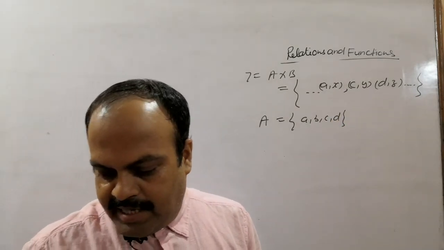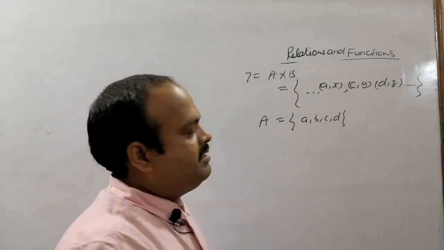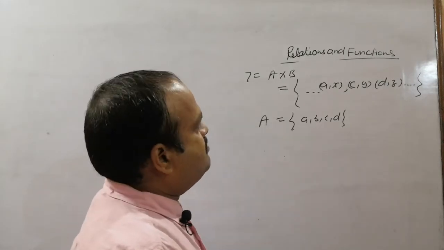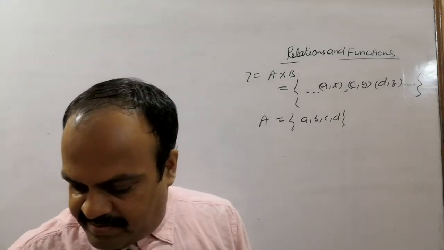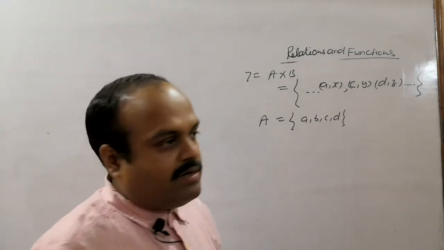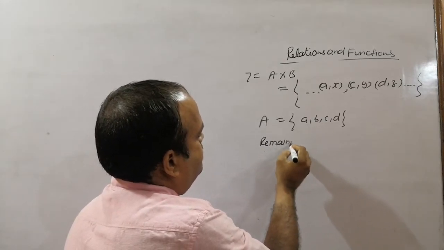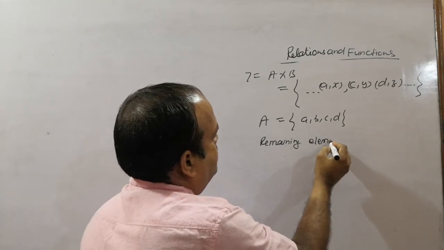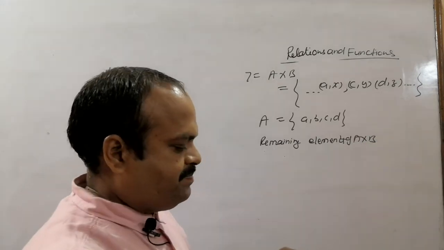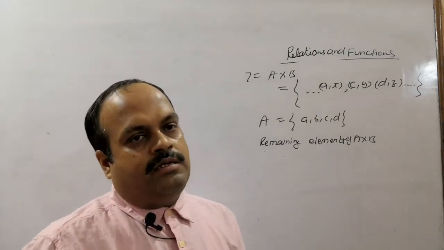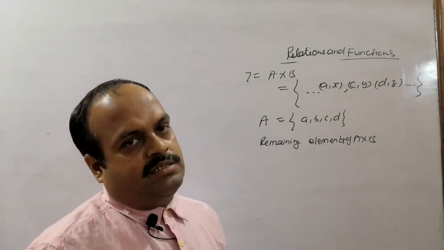Find the remaining elements of A cross B such that the cardinal number of A cross B is least, that is, A cross B has the least number of elements in it.